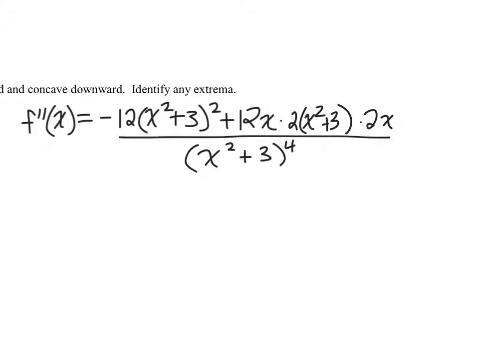So, barring any mistakes, entirely possible, but we do want to simplify this, not because I'm telling you to simplify it, but because we have to solve by setting equal to 0. But I suppose you could get it done just by setting equal to 0 and going after it like an animal, but you probably want to clean it up a little bit more first.